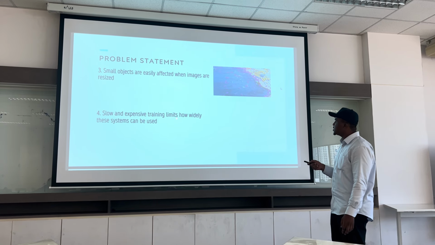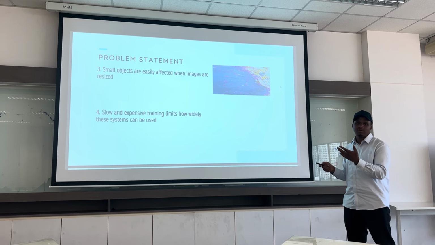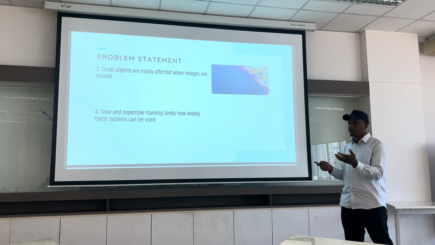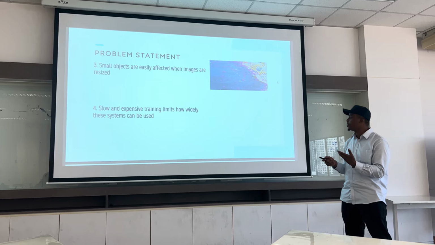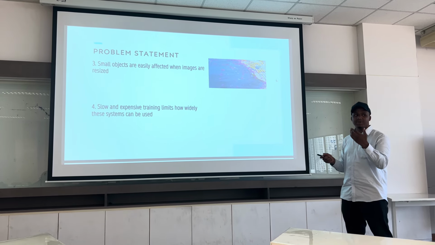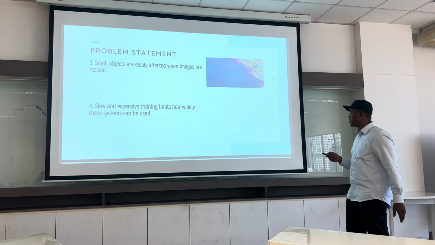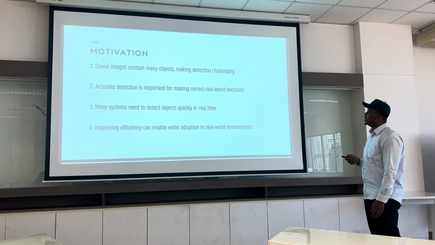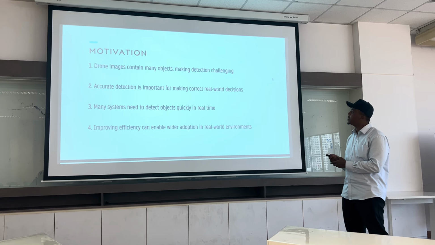Slow and expensive training limits how widely these systems can be used. Just as we have said, when you have a lot of computational resources, it tends to be expensive, and at the same time, in some cases, it tends to be slow, especially when you do not work on the input to the system.